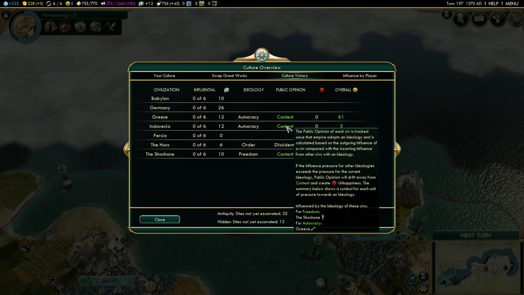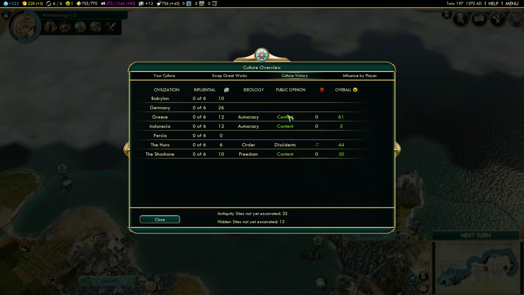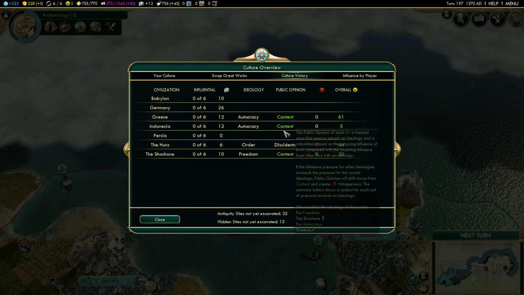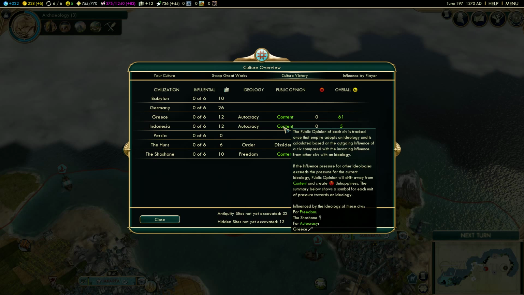As you can see, this can stack up really quickly, especially if you have a very powerful civ against you. And there are other factors like a world ideology, which also provide torches or swords.